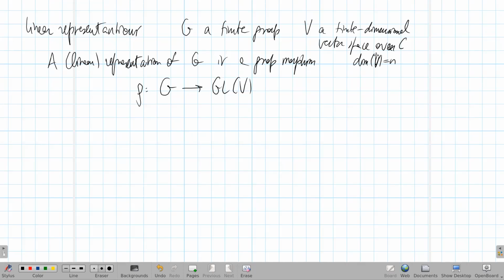Then we defined the important concept of direct sum of representations.